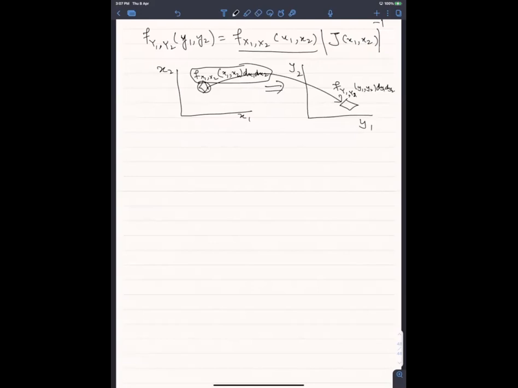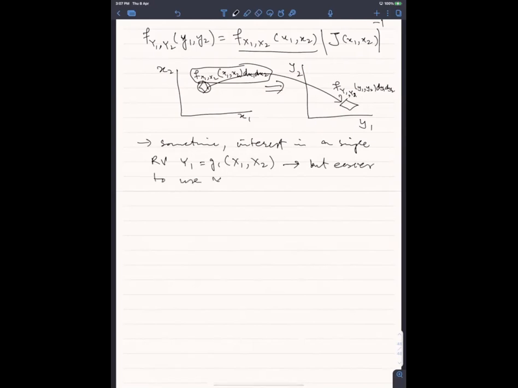Sometimes you will be interested in only one random variable, but you will have to use another random variable which makes your problem easier. So sometimes you are interested in a single random variable y1 as some function of x1 x2, your interest is only in that, but it is easier to use y2 as well.